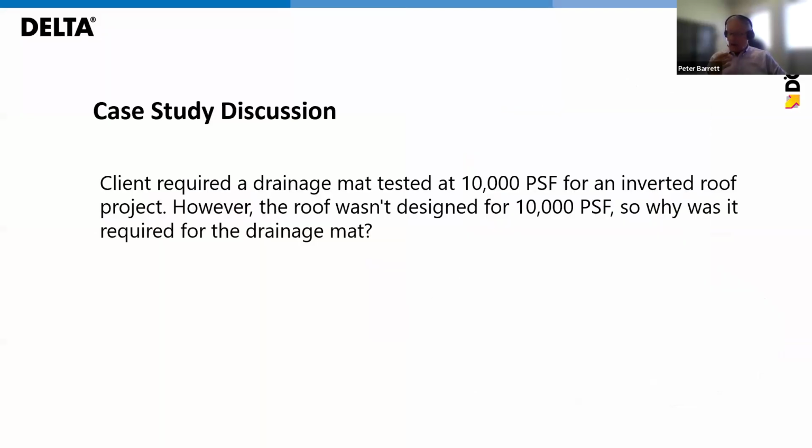So let's do a quick case study. The client required a drainage mat tested at 10,000 PSF for an inverted roof project. However, structurally, the roof wasn't designed for 10,000 PSF. So why do you need 10,000 PSF in a drainage mat?